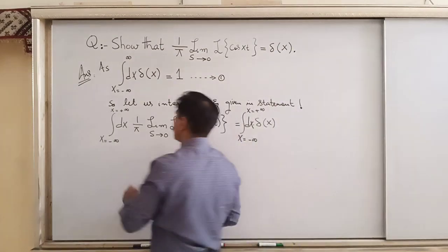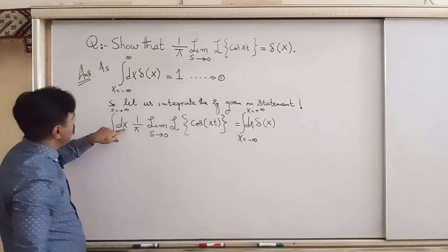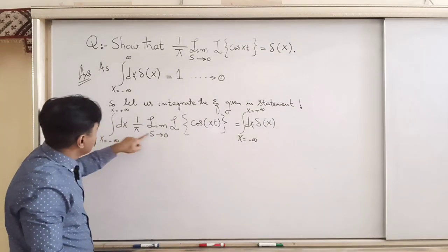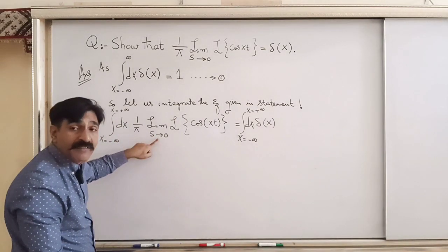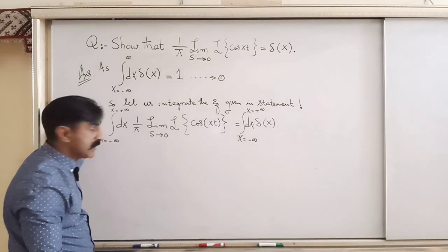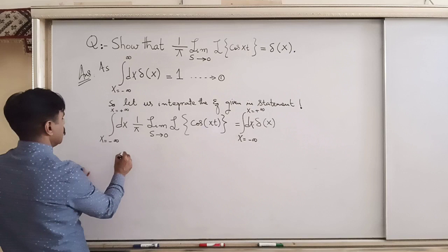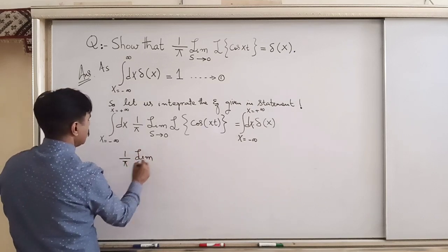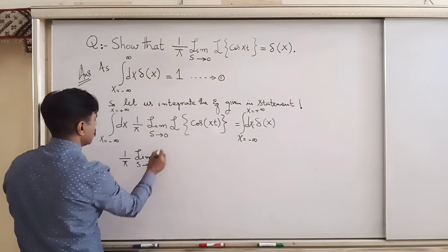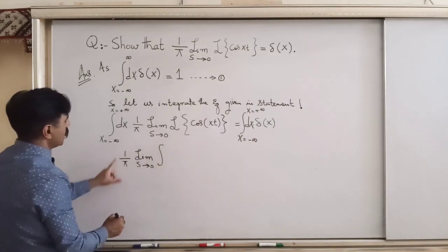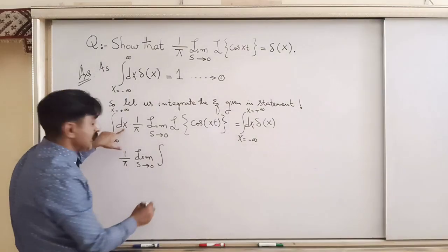Now look, the integration variable is x, so 1 over pi and the limit in s will be treated as constants and should be taken out. 1 over pi and the limit can be taken outside the integral sign, in front of it, because they do not depend on the variable of integration x.